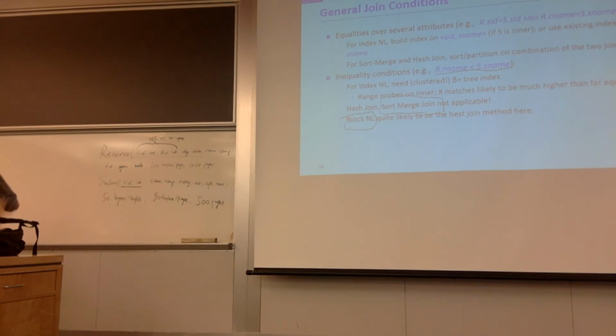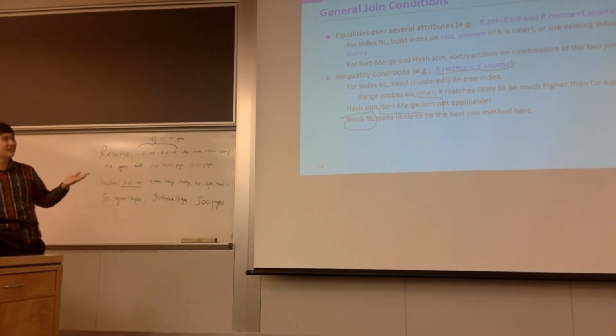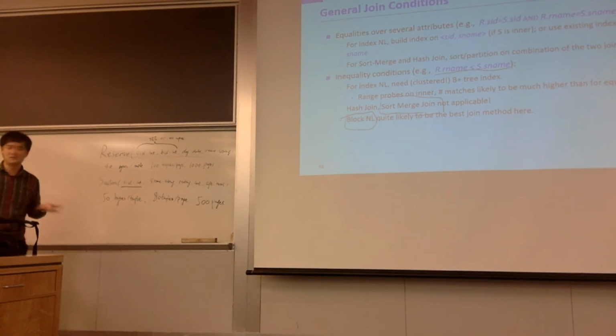Even if you have a certain selectivity and you can derive a lower complexity for index nested loop or sort merge join than block nested loop, in reality, because block nested loop is so simple, it could have a much lower overhead on the system, so on a typical data set it's going to run fast. But it really depends on the specific scenario.